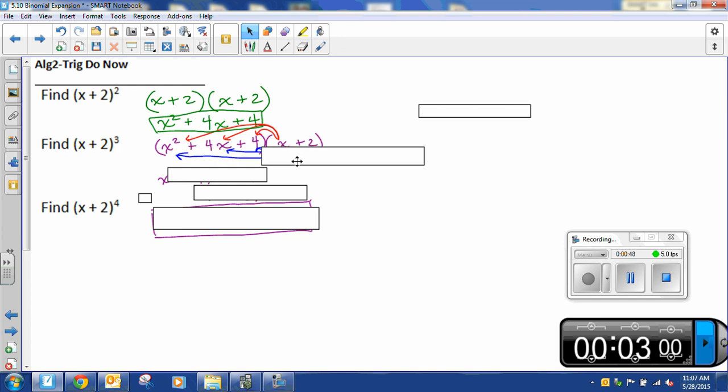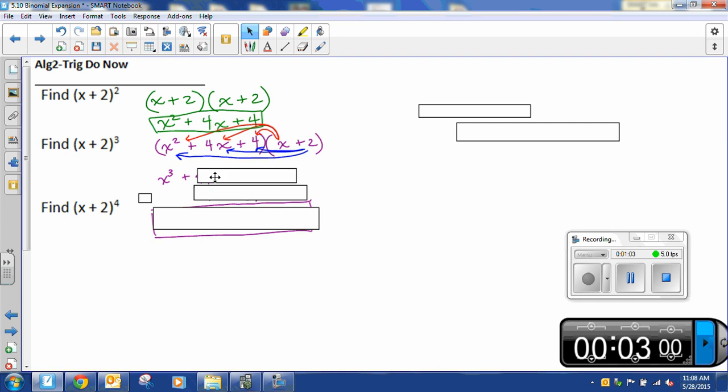So I'm going to take my solution from my first expression and multiply x plus 2 times it. So we have x plus 2, the first term distributes throughout, that's x cubed plus 4x squared plus 4x.